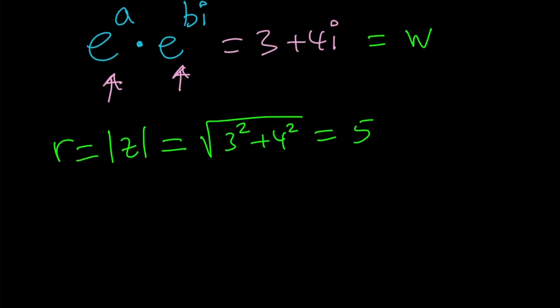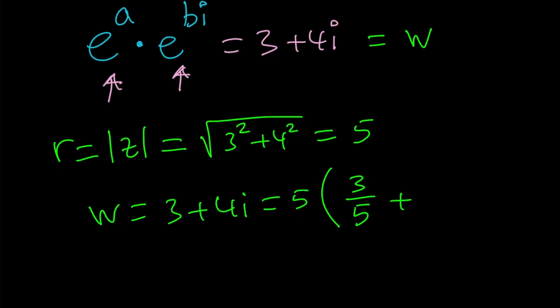And then I go ahead and take out a 5, and then I write my number again. This time, factoring out the 5 and forcing the numbers inside to be fractions. By the way, some people are going to write the i first, doesn't matter, no big deal.